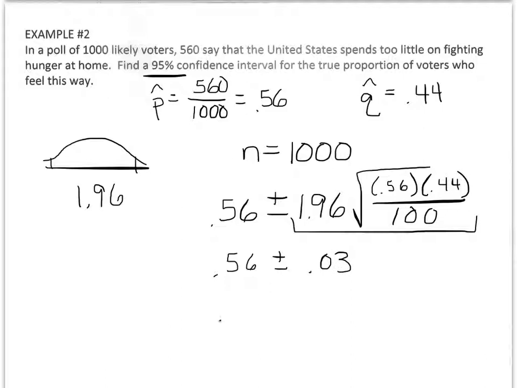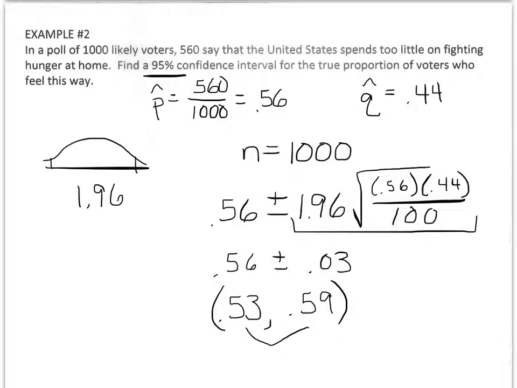So I subtract that number. I add that number. And this gives me my interval. We are 95% confident that the true proportion of voters who feel this way is between 0.53 and 0.59.